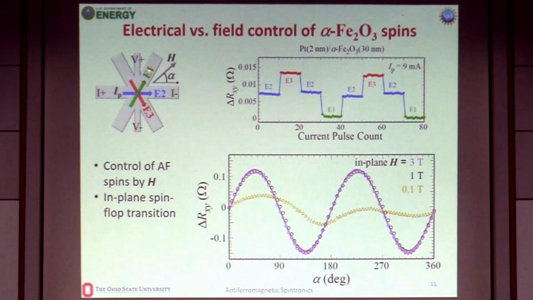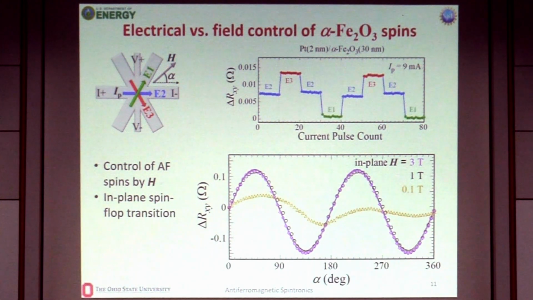When you rotate the field to this direction, it's going to be horizontal. So it follows your field direction, but in a perpendicular way. As the spin rotates, your voltage detection follows this sine theta angular dependence. The 1 Tesla data, just trust me, basically directly overlaps with this. So 1 Tesla is enough to induce the in-plane spin flop transition.